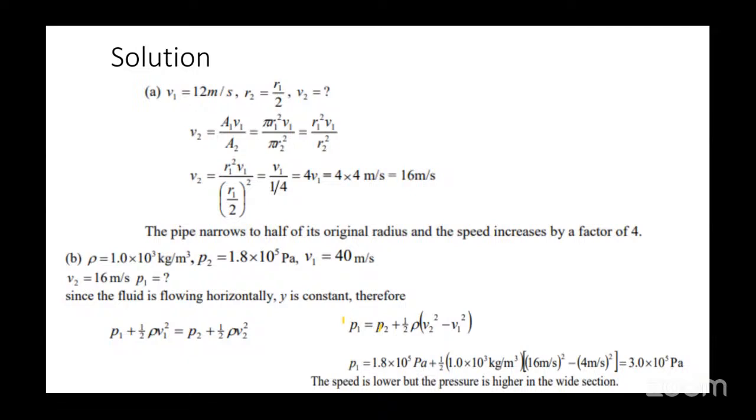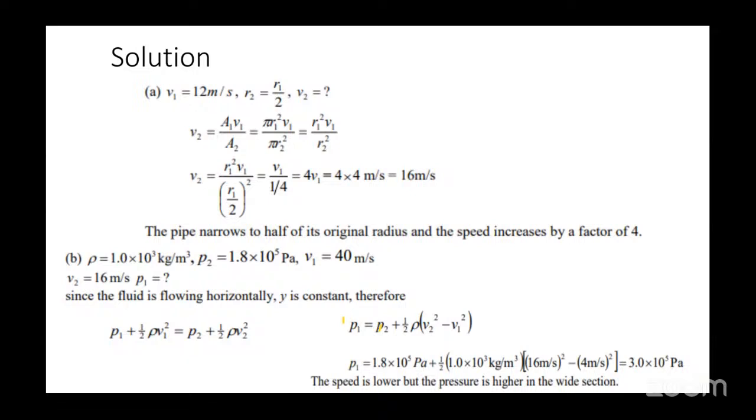A1 is pi R1 squared, while A2 is pi R2 squared. And we have a relationship between R2 and R1: R2 is R1 over 2.